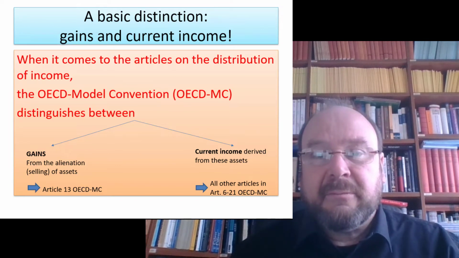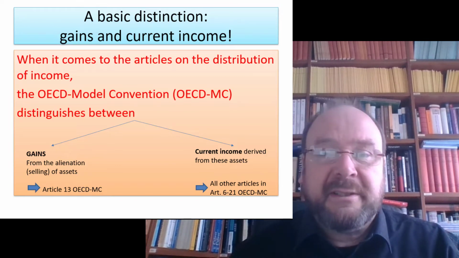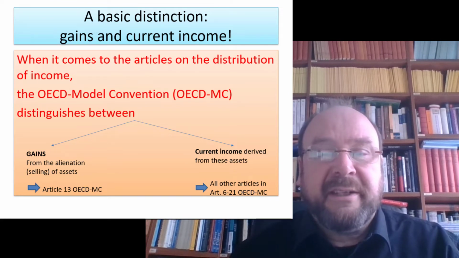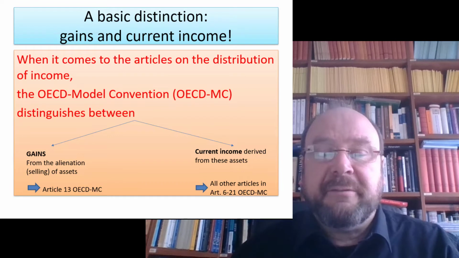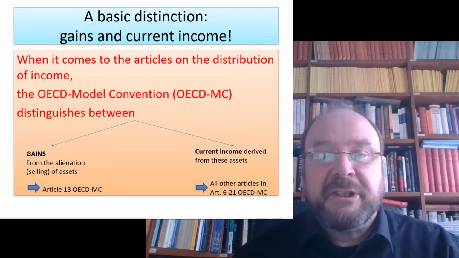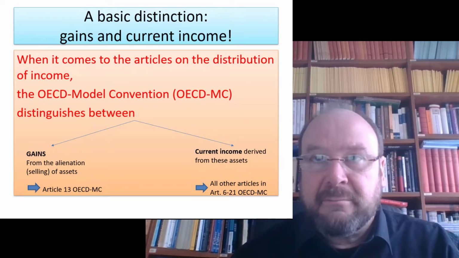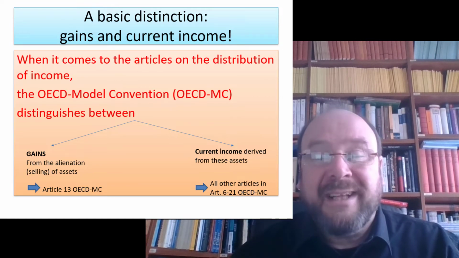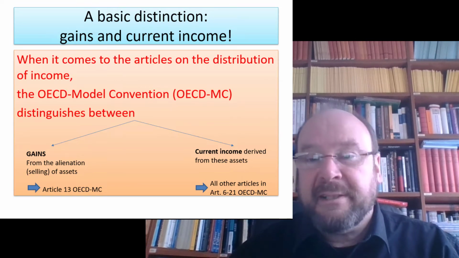There is a rather narrow, old understanding of income, which defined income only as something which regularly flows from a source or activity, whereas a gain is regarded as a single-time event, which cannot be equalized or labeled income like all the other things.